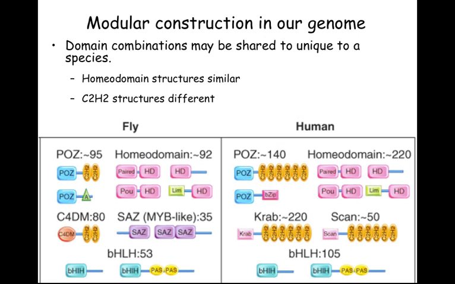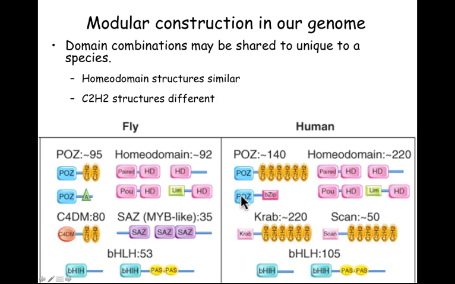And these domain combinations, sometimes they're shared between species, and other times they can be unique. So there are particular combinations which occur only in some species. So for instance, in Drosophila and flies, we find proteins that have this pause domain with this little A domain, but we don't find that combination of domains in humans.